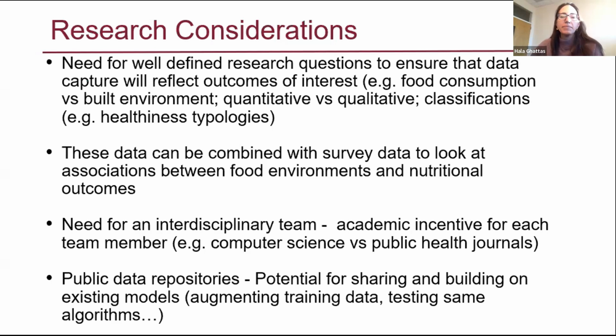You can also think about how these data will complement other components of research, and they may aim to link, for example, food environments to health outcomes. In our case, we combined some of these data with survey data on children's nutritional status, so it helps to complement other research methods rather than being a standalone method. The other thing we found extremely important was the need for an interdisciplinary team.